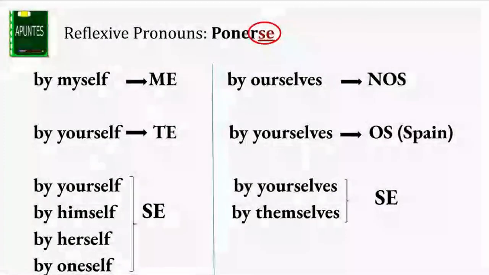Now, in order to work with reflexive verbs, it is necessary to know the reflexive pronouns. In a verb that is not conjugated, like ponerse, in other words, an infinitive verb or a verb that is not related to a subject yet, you see the reflexive pronoun se attached at the end of the verb. Ponerse.